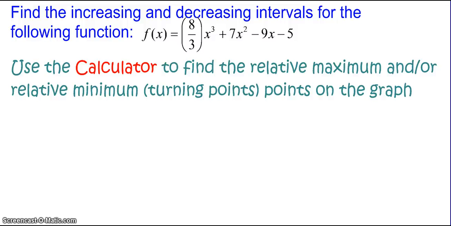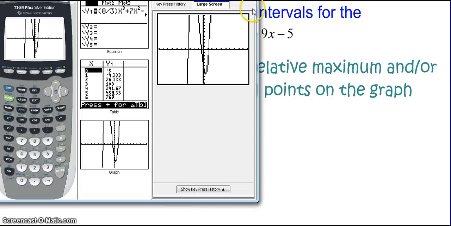So pause the video right now real quick and put this function, 8/3 x cubed plus 7x squared minus 9x minus 5, into your calculator as y equals and graph the function. When you do that, your graph should end up something like what you see here.